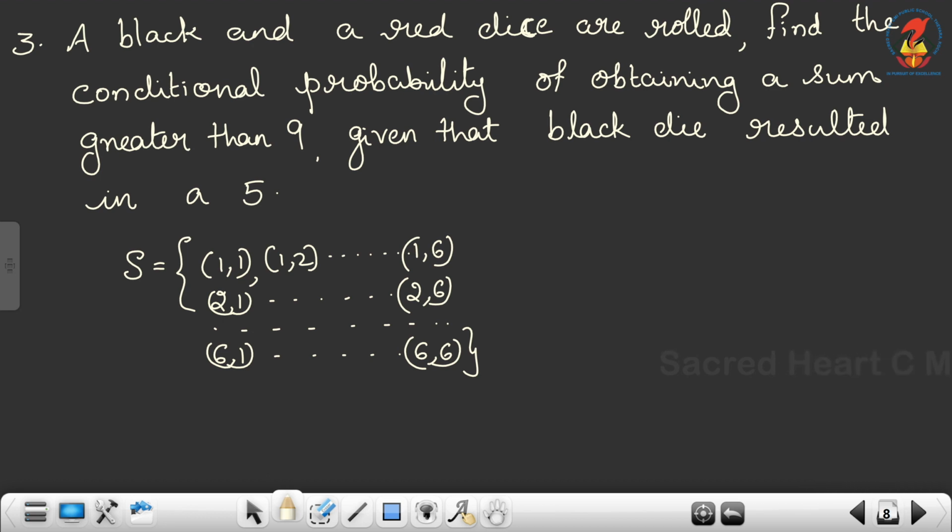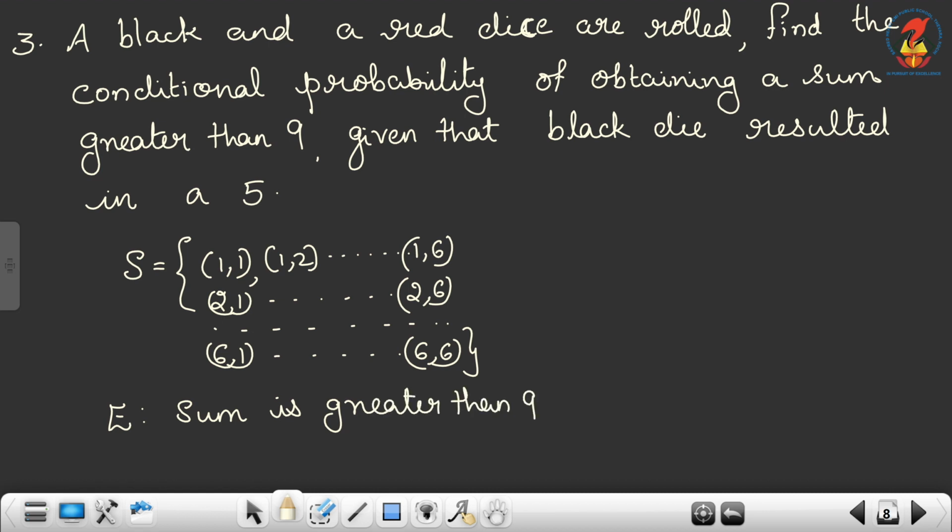Now find the conditional probability of obtaining a sum greater than 9. So what we have to find, you can take as E. We can define E as the event that the sum is greater than 9. That is the event E.